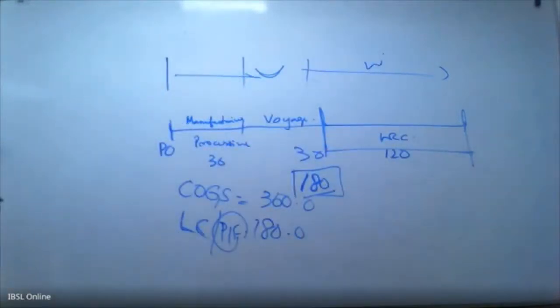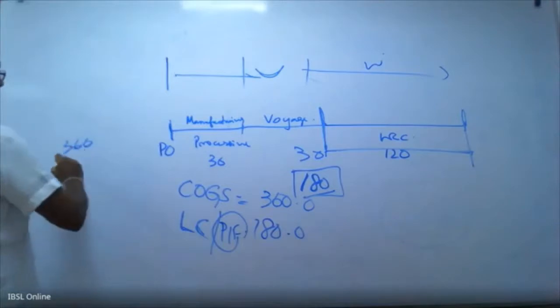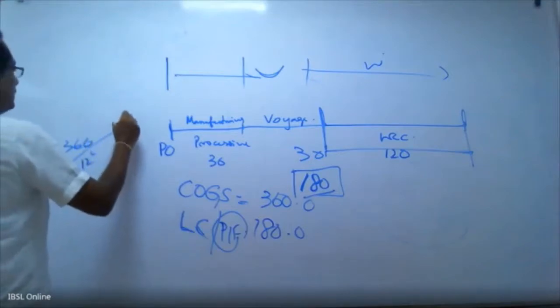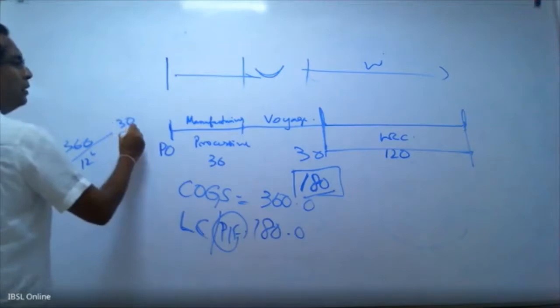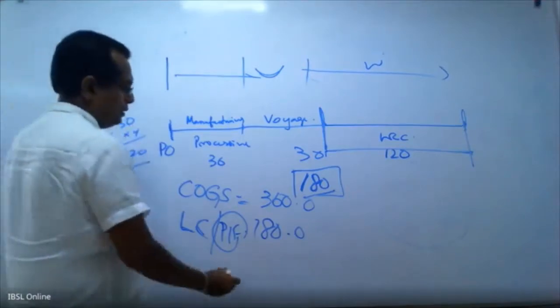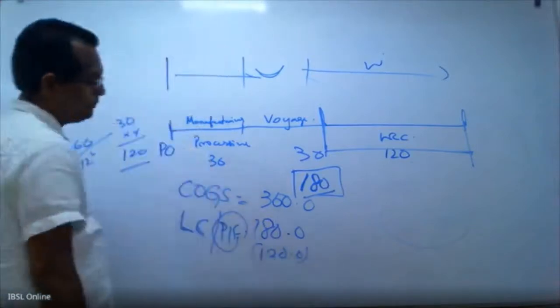The post-import line should be 360 divided by 12, times 4, that is 120.